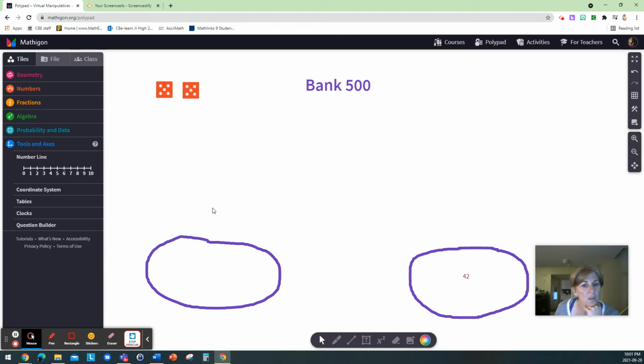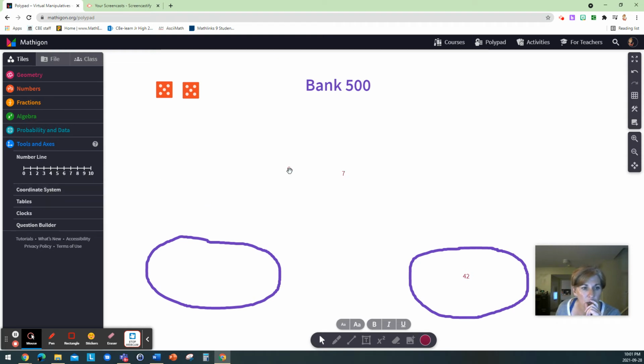So if the student is using a 10-sided dice, and let's say they get a 6 and a 7, and they say, I don't know what 6 times 7 is. In that scenario, there are a couple of things you can help them think about.